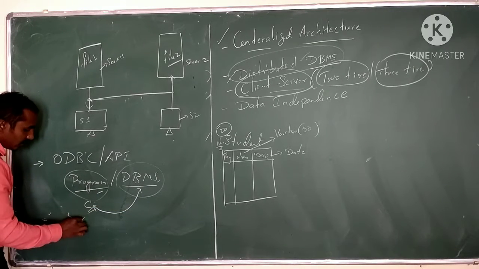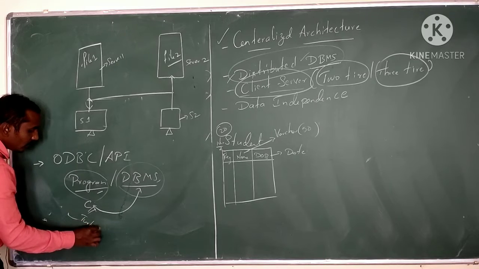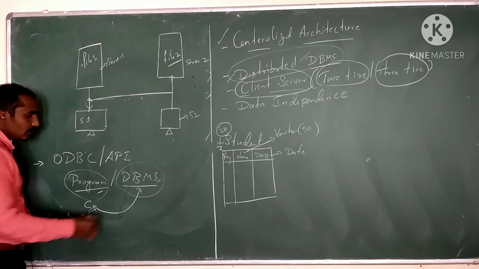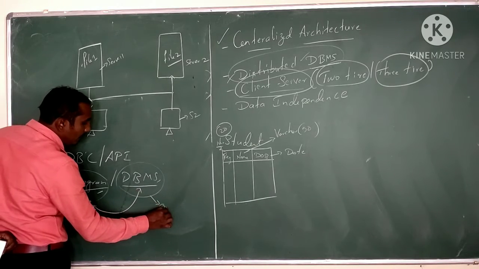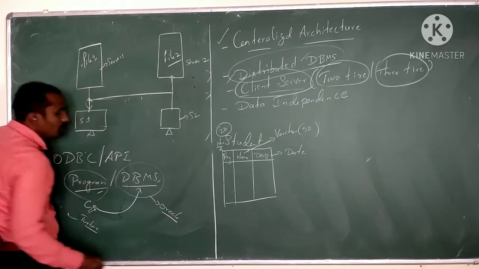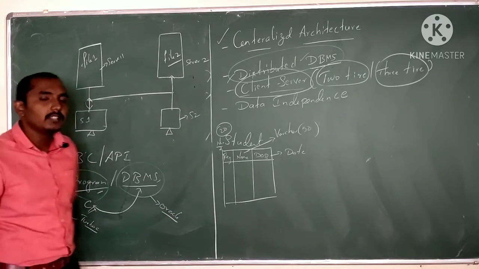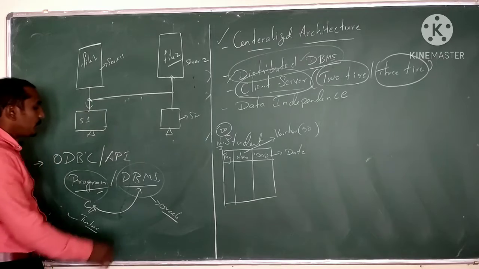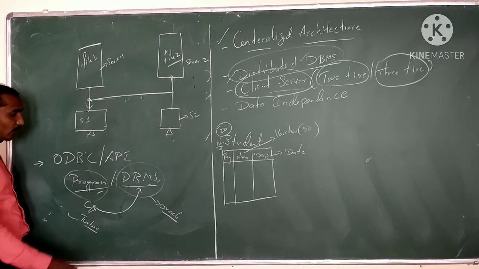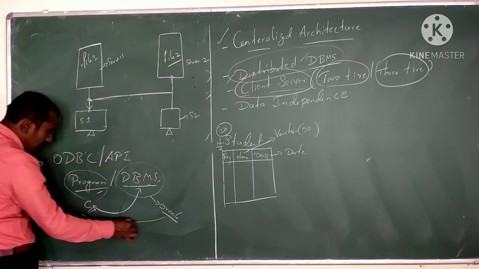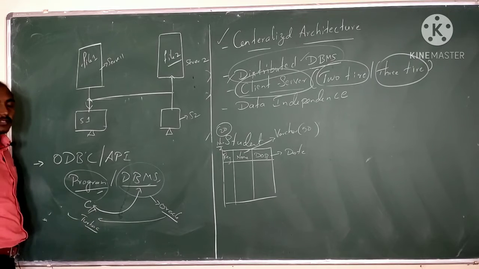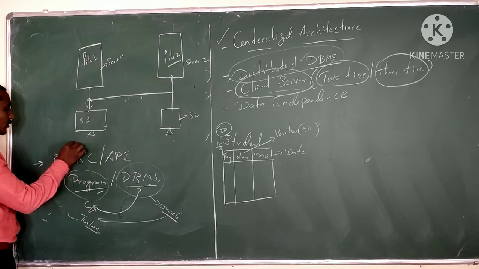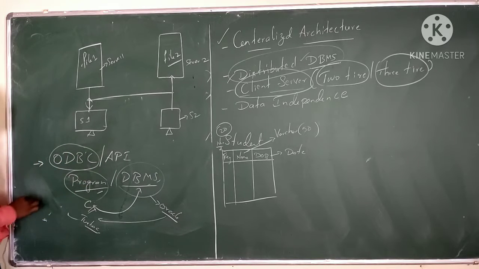We will be using, say, Turbo C for doing C programs, and you will be using Oracle 10G, or other applications for implementing a database management system. Now I want to send the information from Oracle to Turbo C, right? So in that case we'll come across this concept called ODBC.